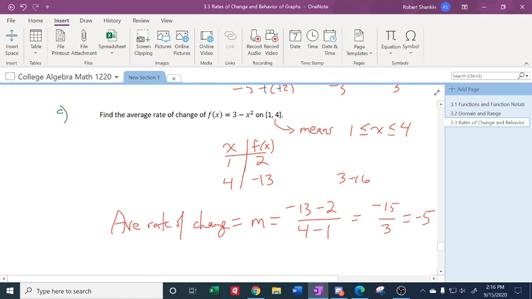Which is negative 5. Alright, so we are done.